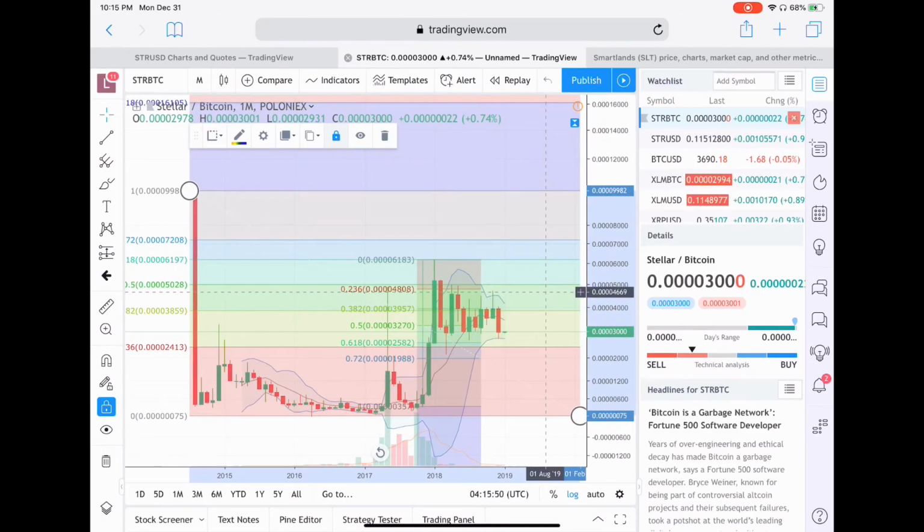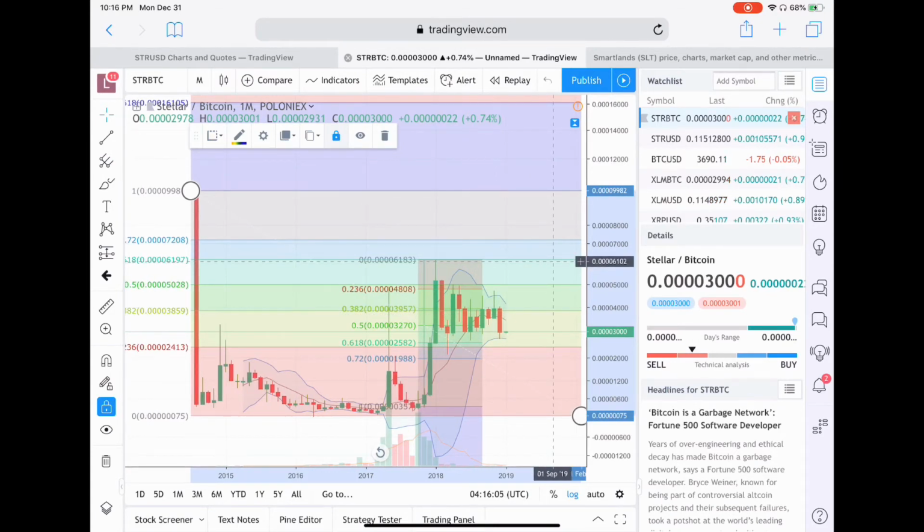So on the STR BTC chart, as price action continues up, that means that Stellar's value is increasing relative to Bitcoin, and it's going to break the previous all-time high, which is around 6,000 Satoshis. I think it's going to hit 10,000 Satoshis this year, but definitely going to break the previous all-time high.